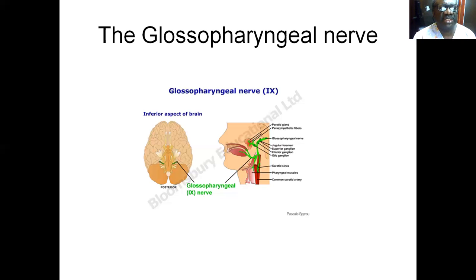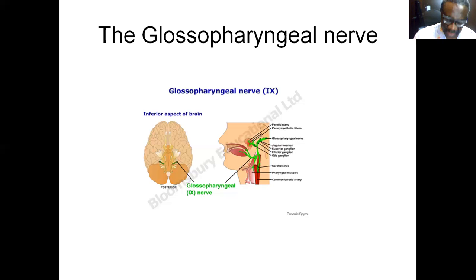Of importance is the otic ganglion, which is intimately related to the glossopharyngeal nerve and associated as such with the parasympathetic innervation of the parotid gland.